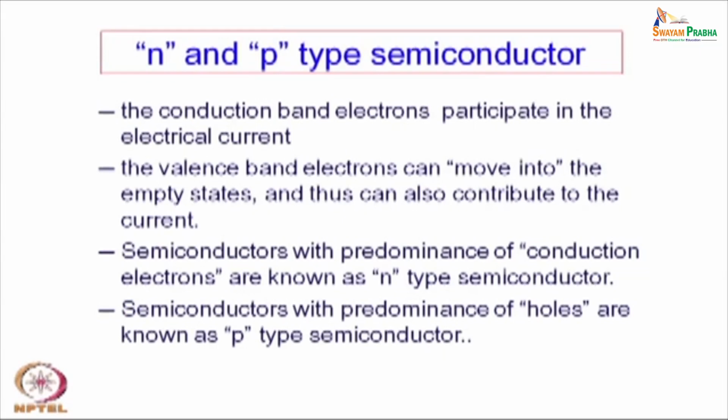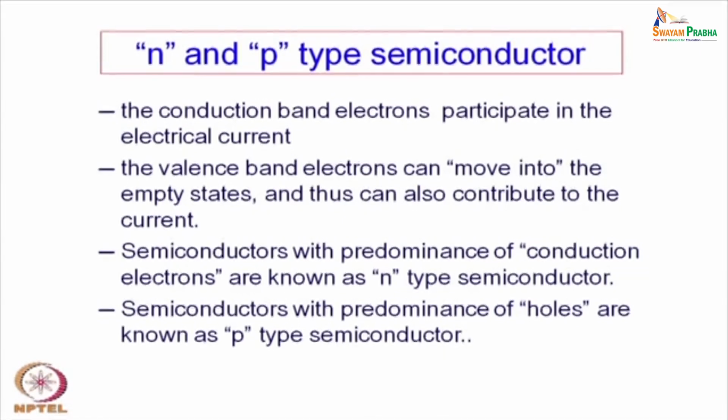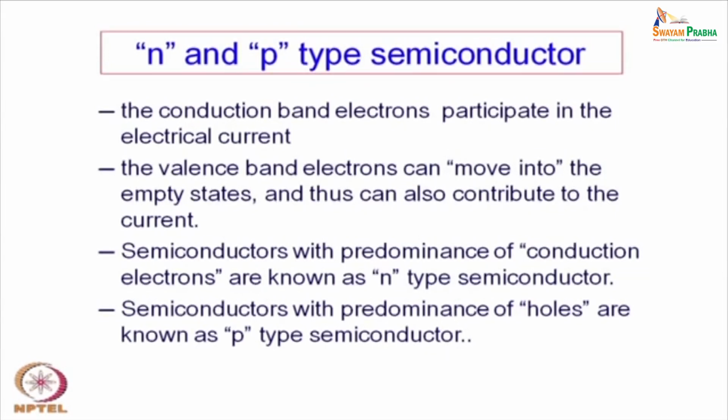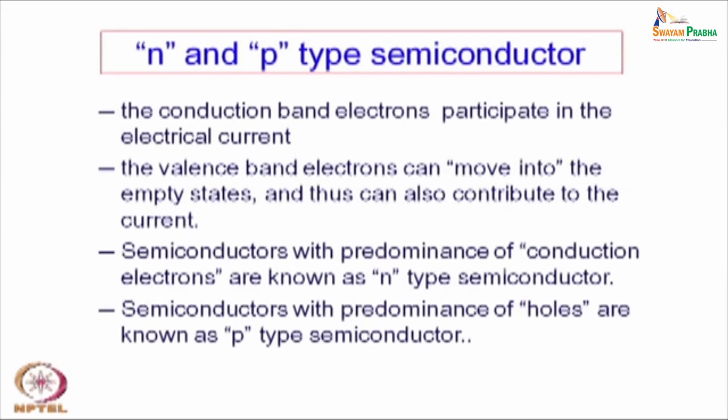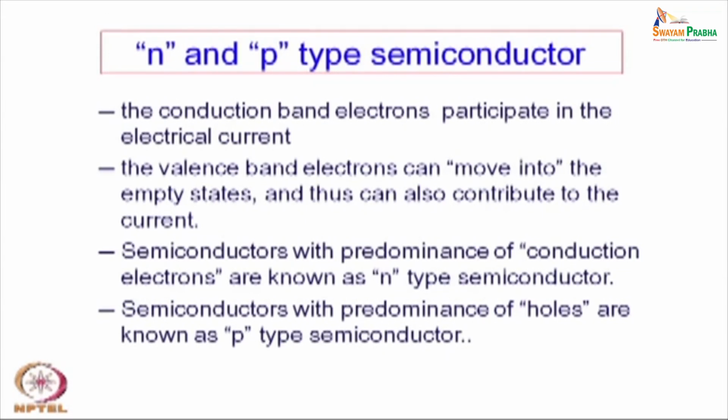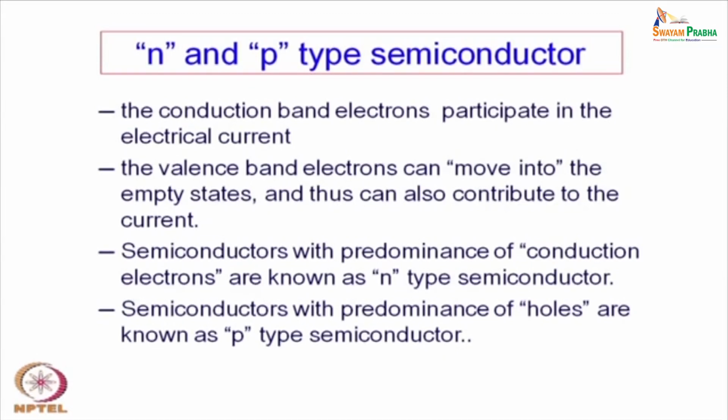So, it becomes N type, negative type, whereas if you have an acceptor type impurity, then the number of holes is larger than the number of negatively charged electrons, and so it will be called a P type semiconductor. The predominance of holes as the charge carrier is P type semiconductors, and where donors are there, the negative charges are predominant, so that will be N type semiconductor.